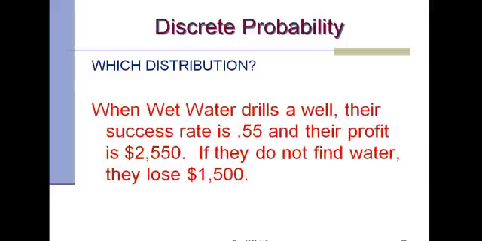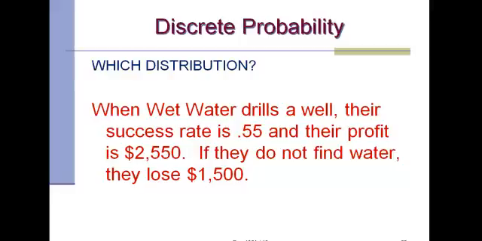Okay, the next one. When Wet Water drills a well, their success rate is 0.55. Well, that's pretty good. 55% of the time they hit. And their profit is $2,550. If they do not find water, they lose $1,500. Well, that's one of those binomial experiments. And it's just like that idea that we did earlier, where you take the probability of success times the rate of profit.